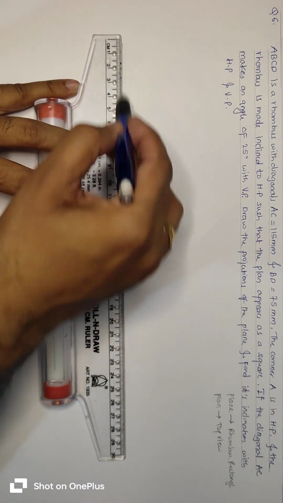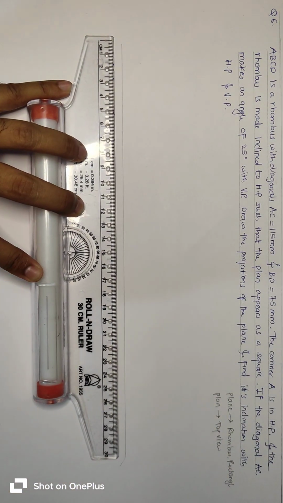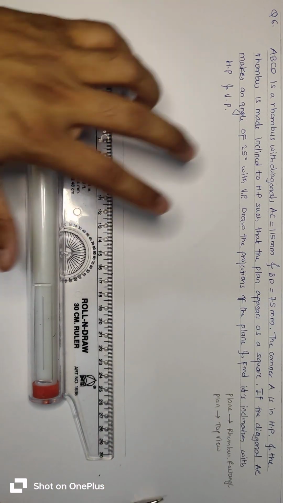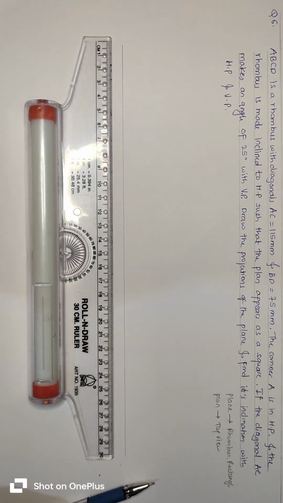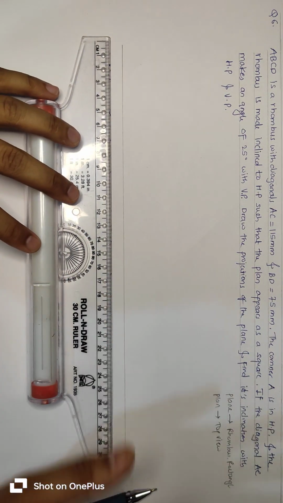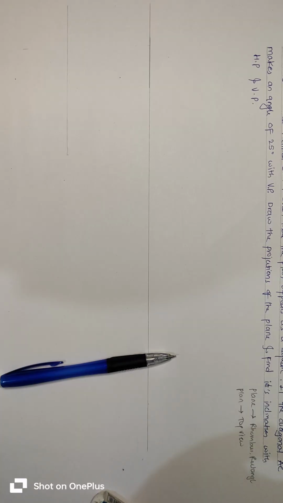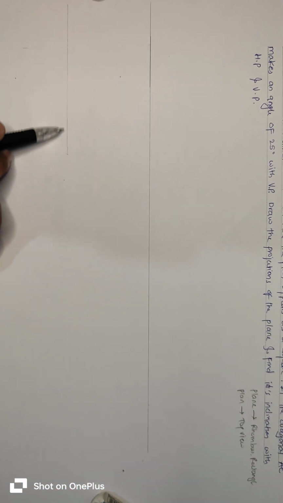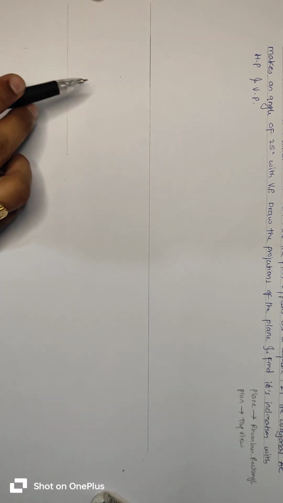parallel to this. The XY line should be horizontal, perfectly horizontal. Now we will draw a rhombus of diagonal AC 115 mm and 75 mm. So this is the 115 mm diagonal AC.